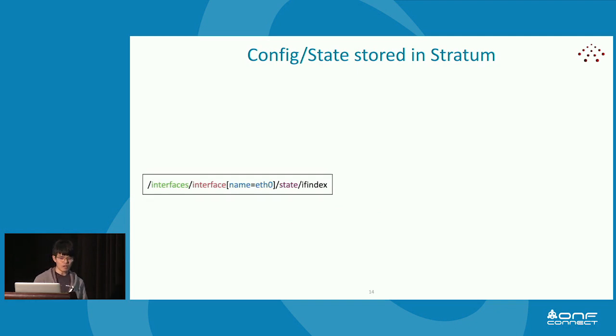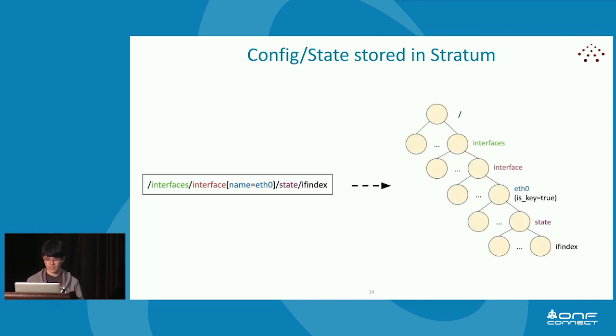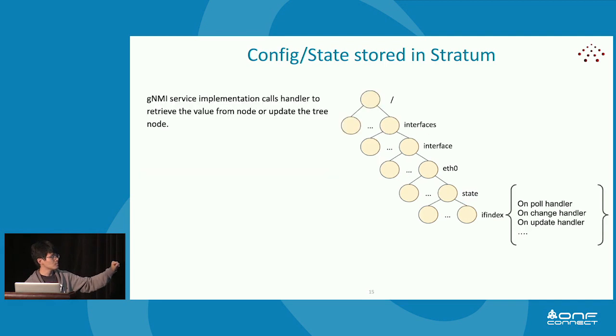And so how do we store the config and state in the Stratum tree? Actually, we don't store the actual value in the tree. Instead, we store a functor or handler inside the tree. First we create this tree, and then we store several handlers in the tree.